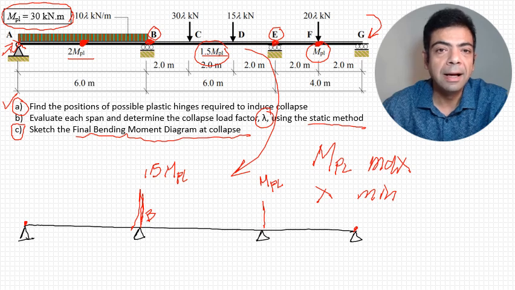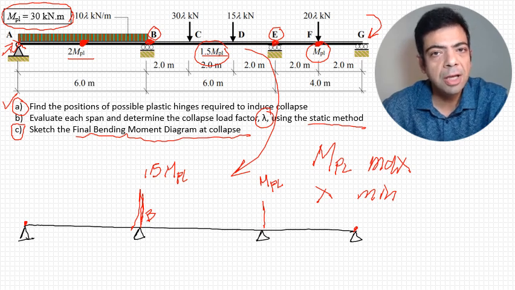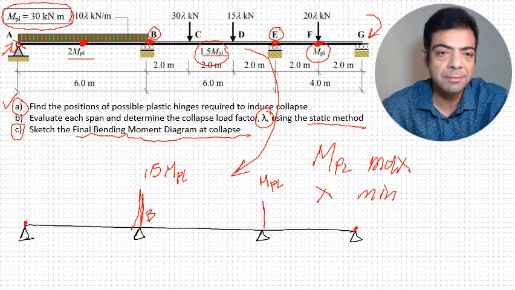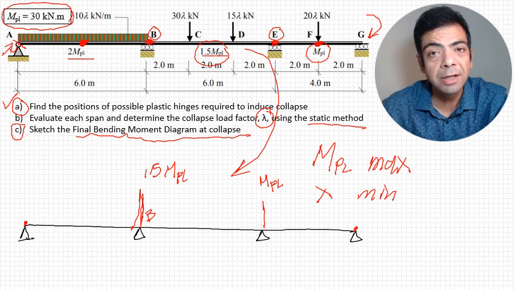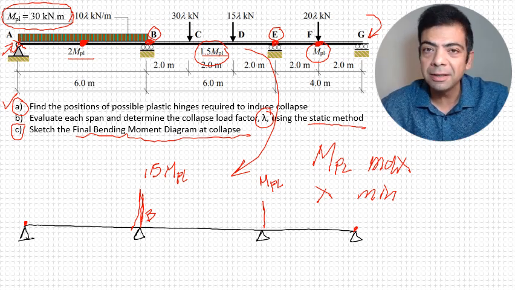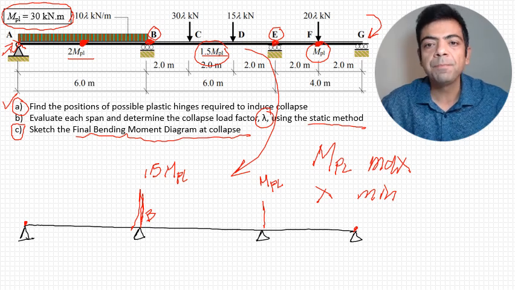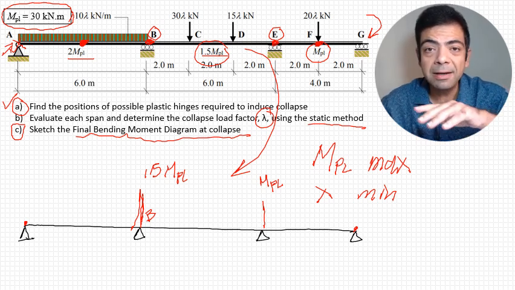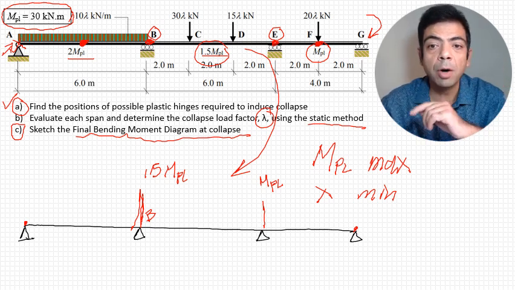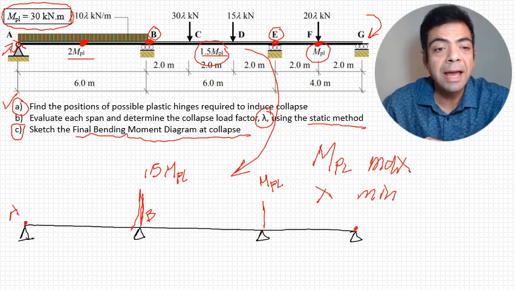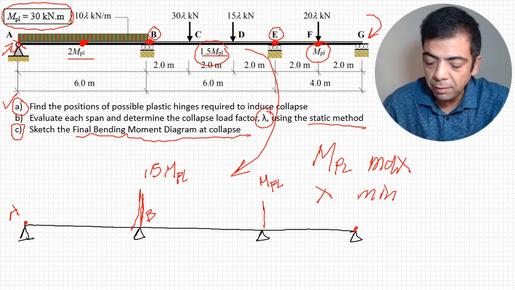Okay, can we predict the shape of the bending moment diagram for span AB, the very left span? Yes, it's actually very easy, and I have mentioned this many times. If you want to plot the bending moment diagram within the span, look at the moments at both ends, at A and at B. At A is 0, at B is 1.5 M plastic.